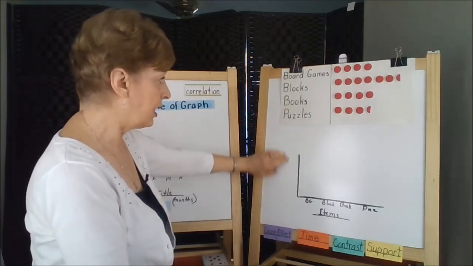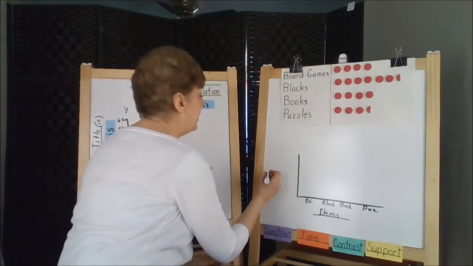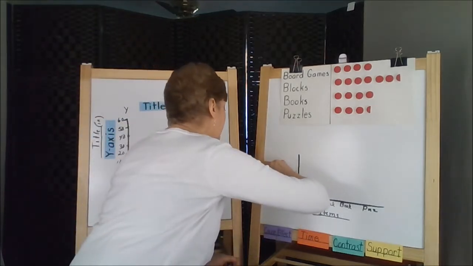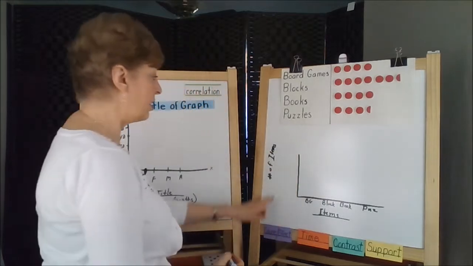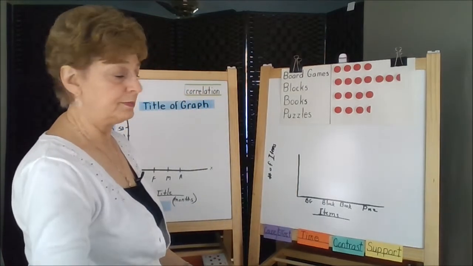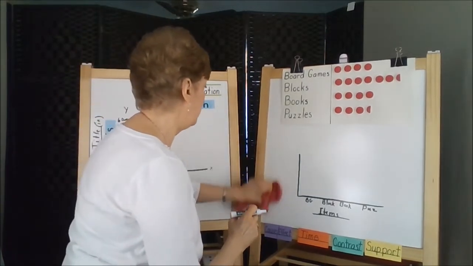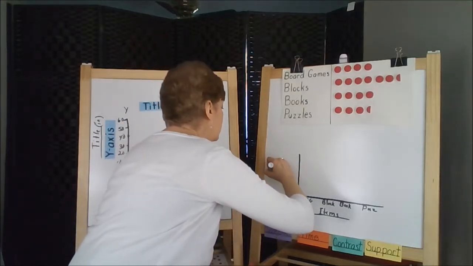And on the vertical axis, maybe we would have number of items. Or maybe we could say that's an amount. We would make that shorter. We'll take the amount.